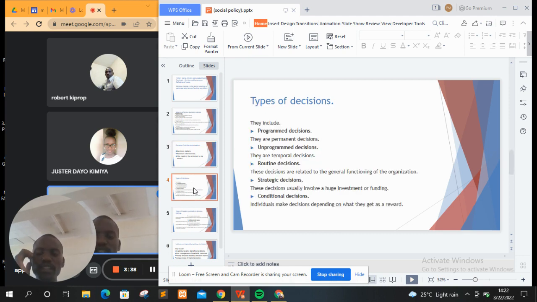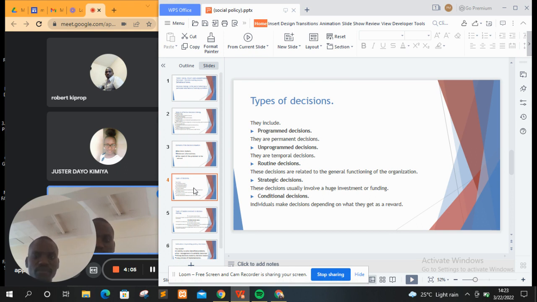Also, we can see the types of decisions. These include prolonged decisions, which are permanent decisions. Programmed decisions, which are temporary decisions.